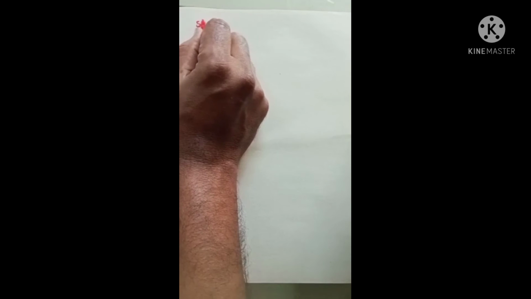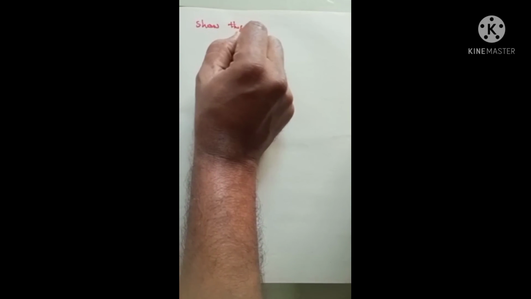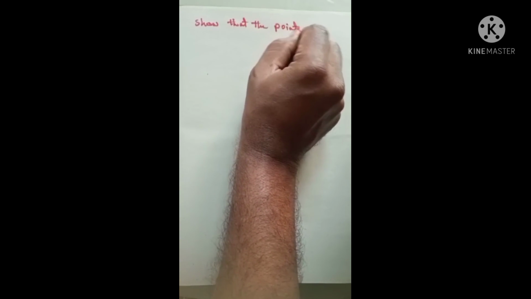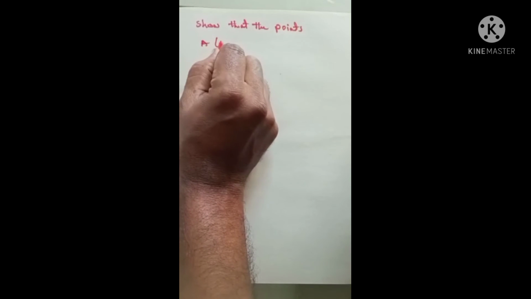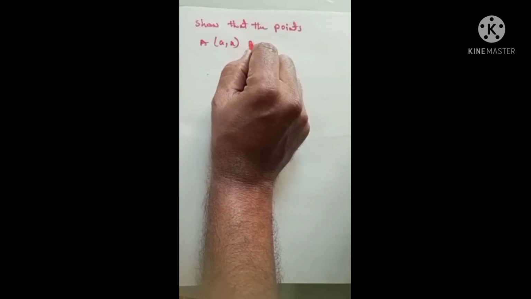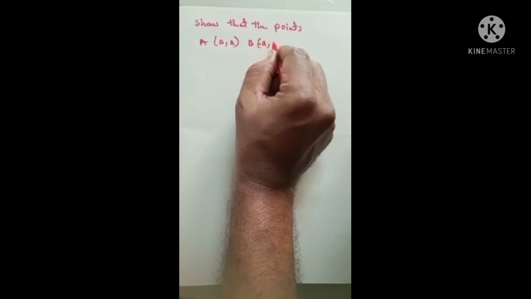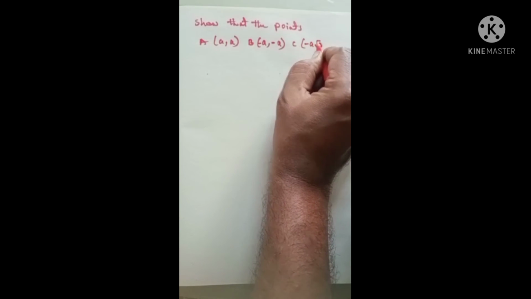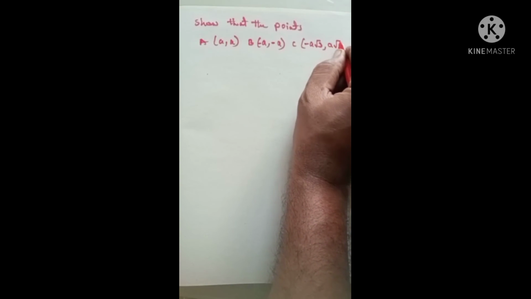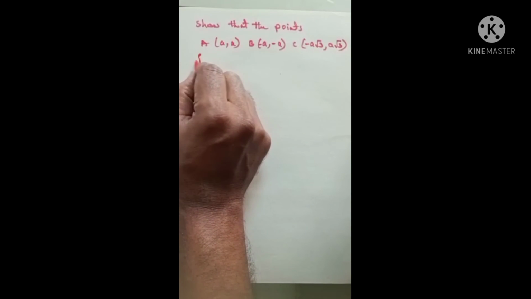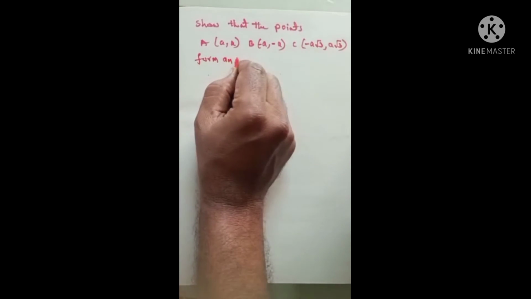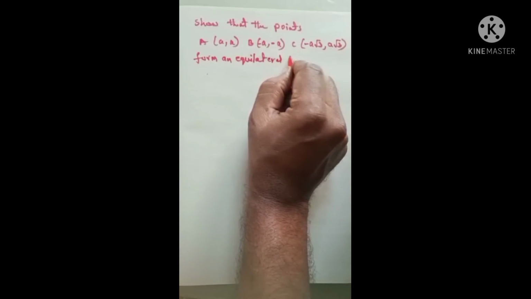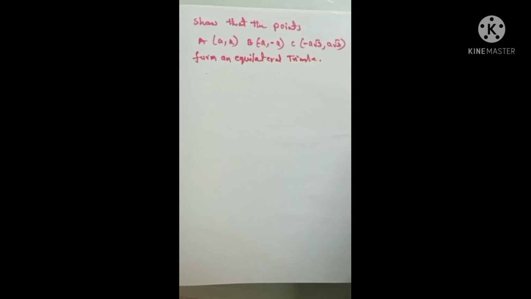The question is, show that the points A(a, a), B(minus a, minus a), C(minus a root 3, a root 3) form an equilateral triangle.